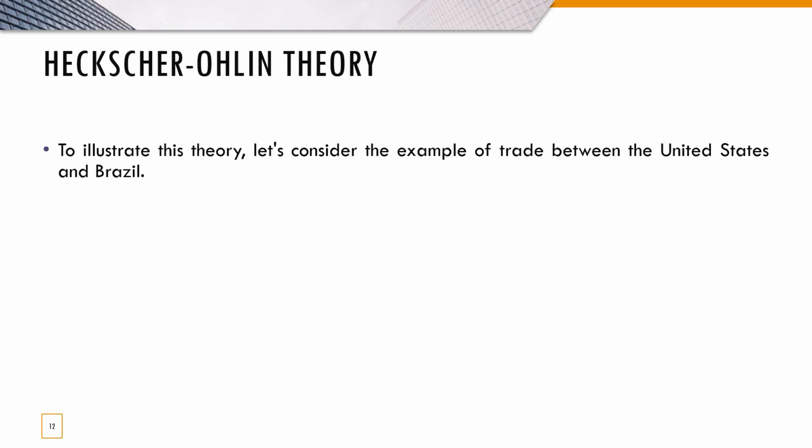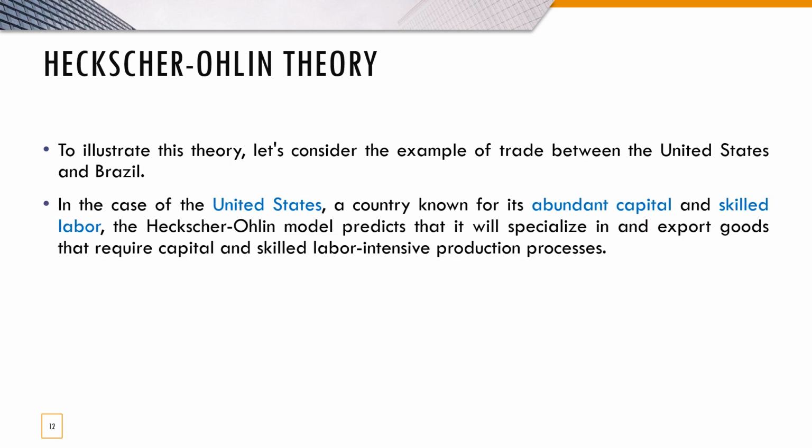To illustrate this theory, let's consider the example of trade between the United States and Brazil. In the case of the United States, a country known for its abundant capital and skilled labor, the Heckscher-Ohlin model predicts that it will specialize in and export goods that require capital and skilled labor-intensive production processes.